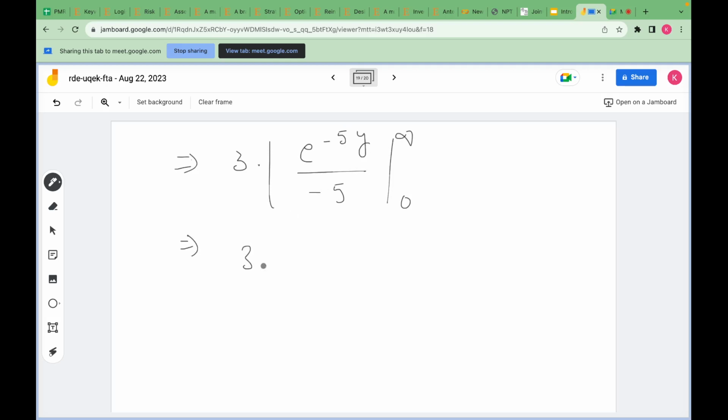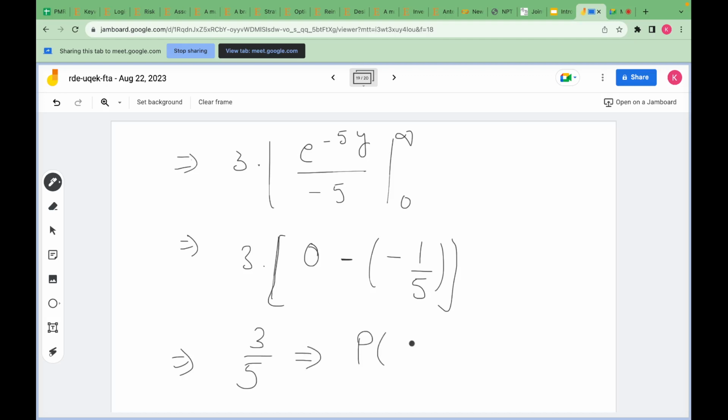When we put infinity, this term will become 0, minus, when we put 0 this will become 1, this is minus 1 by 5, so we will get 3 by 5. So this is the probability that x is greater than y. I hope this is clear.